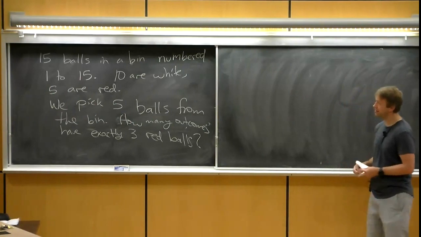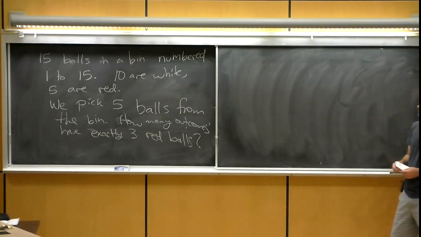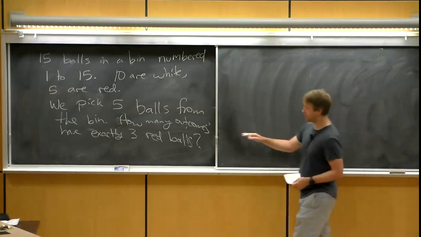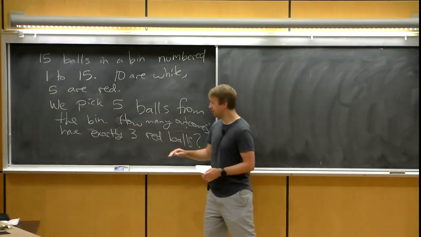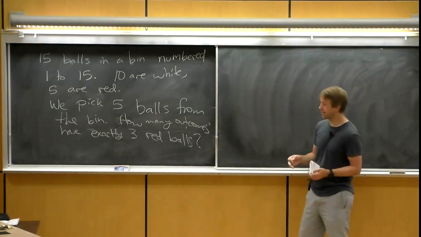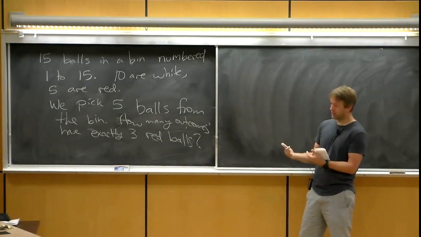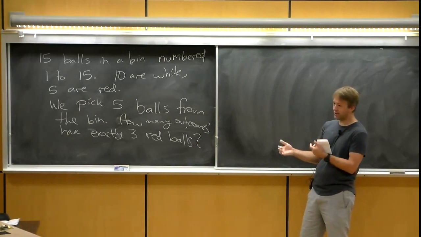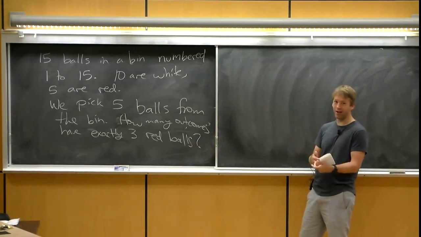You might be able to analyze that. Not quite. So maybe I'll show you how to analyze this one. The idea that was mentioned was you could take 15 choose 5, and then try to subtract the ones that you don't want to count, and that kind of thing.